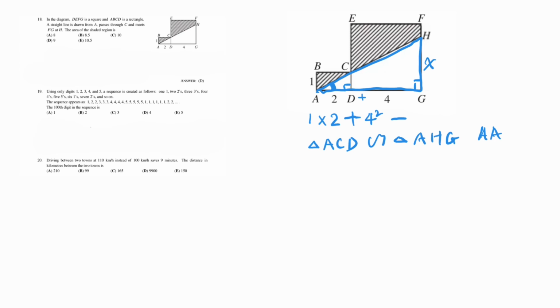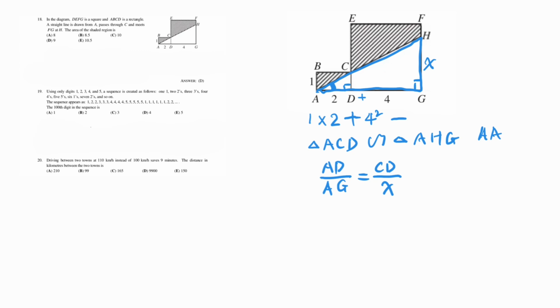In similar triangles, all the side ratios are constant. So corresponding sides, AD over AG equals CD over HG, that's X.